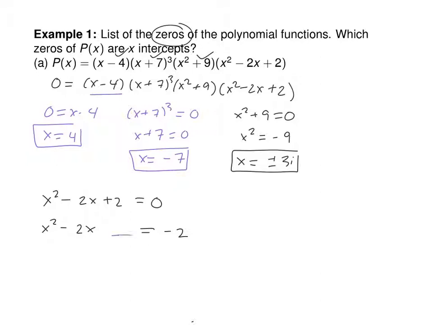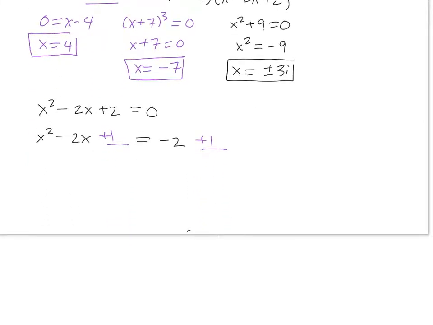What number do I add in here to complete the square? 1. So plus 1 on this side, plus 1 on this side. So that's x minus 1 squared equals negative 1. x minus 1 equals plus or minus the square root of negative 1, which is just i. So x equals 1 plus or minus i.